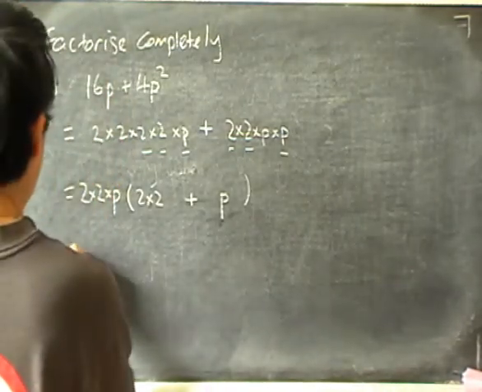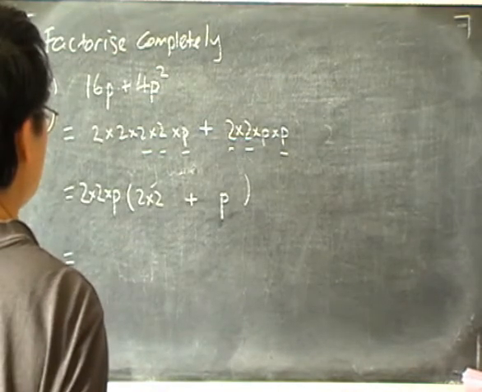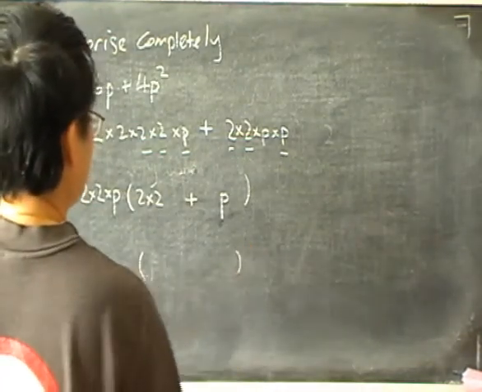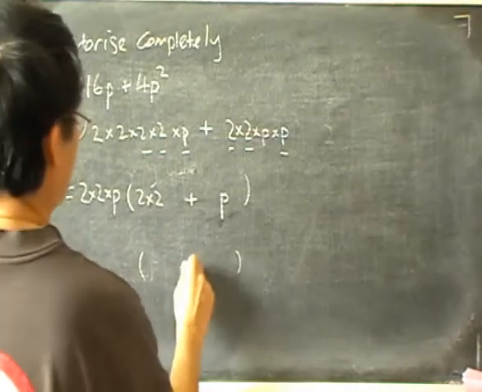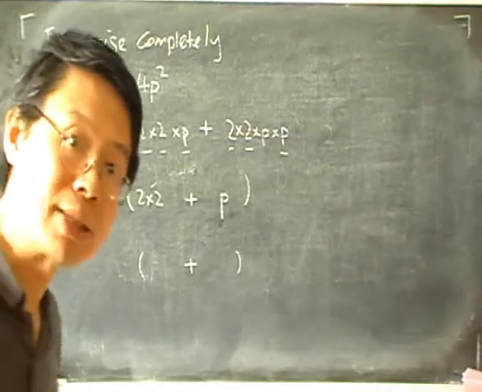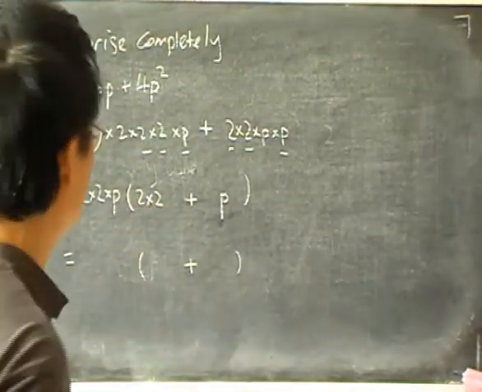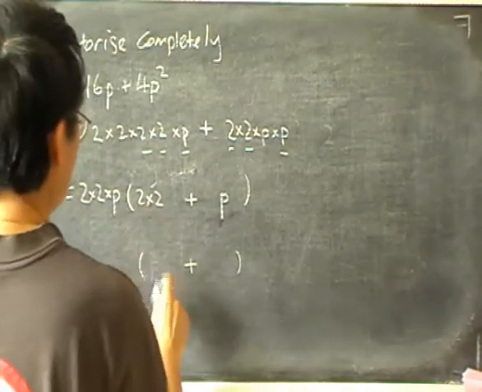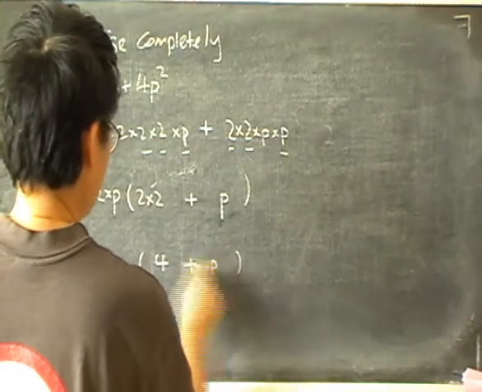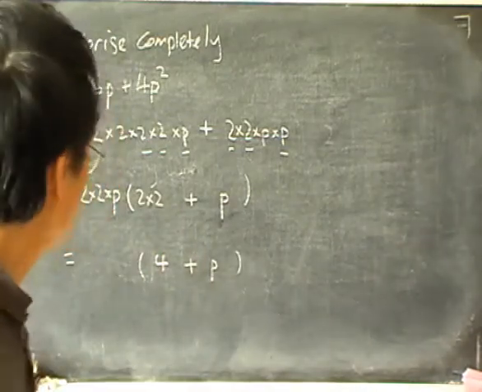Now, the bracket itself is one factor. Inside the bracket, I can simplify it, in this case by doing the 2 times 2 and writing it as a 4. So that's the bracket. It looks a bit simpler than writing out 2 times 2.